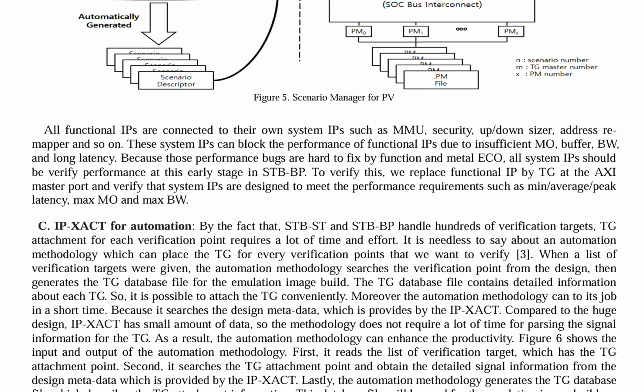Because those performance bugs are hard to fix by functional and metal ECO, all sub-IPs should be verified for performance at an early stage.